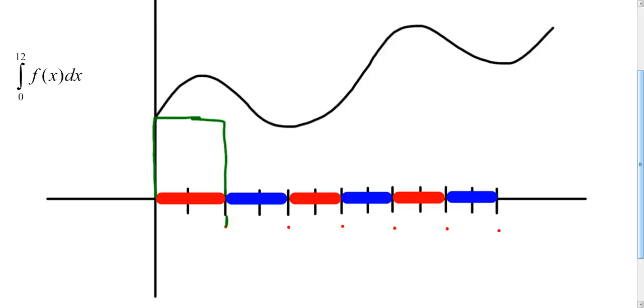Again, this is my next part of my interval. I take the left side of it till I hit the curve, and I make a rectangle. Left side of it till I hit the curve, make a rectangle. You can kind of see what happens. Clearly, this is not nearly as accurate of an estimation.